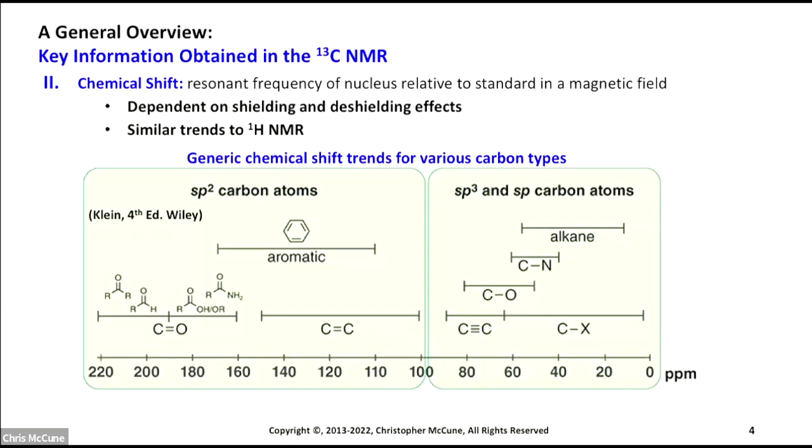It has very similar trends that one would see in the proton NMR as well, except that in a proton NMR, the scale doesn't go from 0 to 200. It goes to about 0 to 12 or so. And so it's just on a different chemical shift scale, but the trends are very similar, meaning that an alkane carbon is as far right as almost it's going to get.